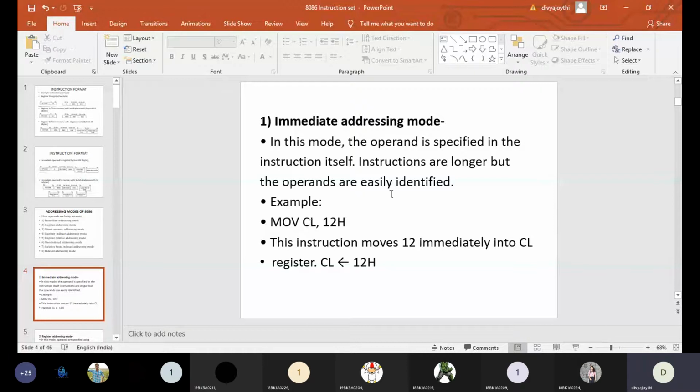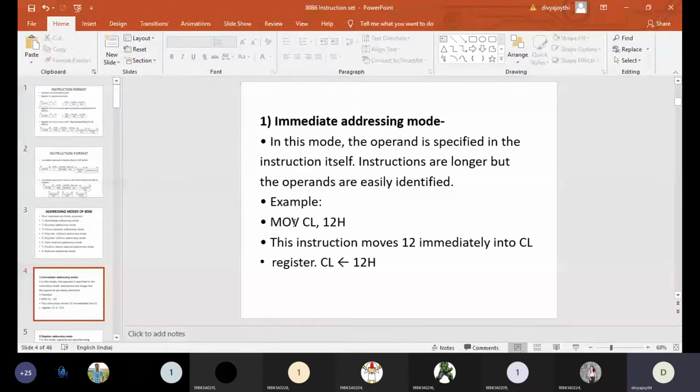I'm repeating once again, in immediate addressing mode, data is directly specified in the instruction itself. Technically we call this data an operand.